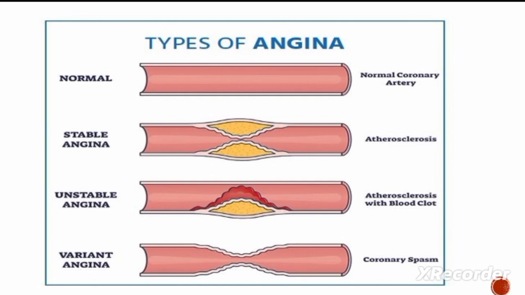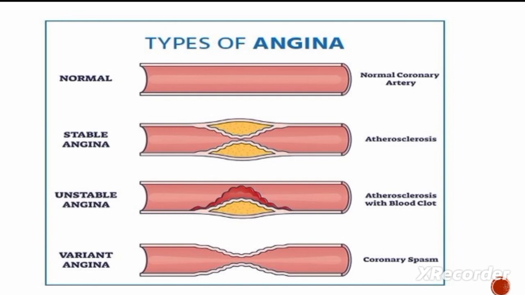Second condition is variant angina. Stable angina is mainly due to atherosclerosis, with decreased blood supply. But variant angina or Prinzmetal angina is mainly due to spasm of the coronary artery. It frequently occurs in patients with migraine.